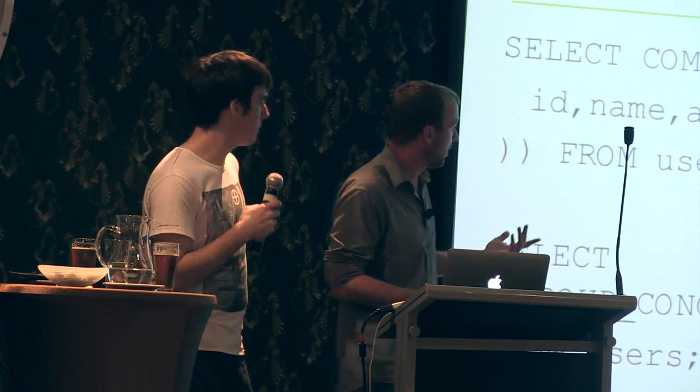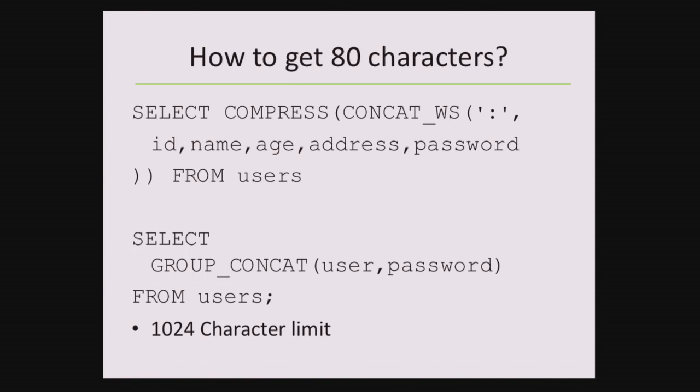So what you can do is use concat_ws and put all the columns together. Instead of just saying select ID from users, you will do concat_ws of ID, name, age, address, password, and it will make everything one string. After that you can compress the long string.